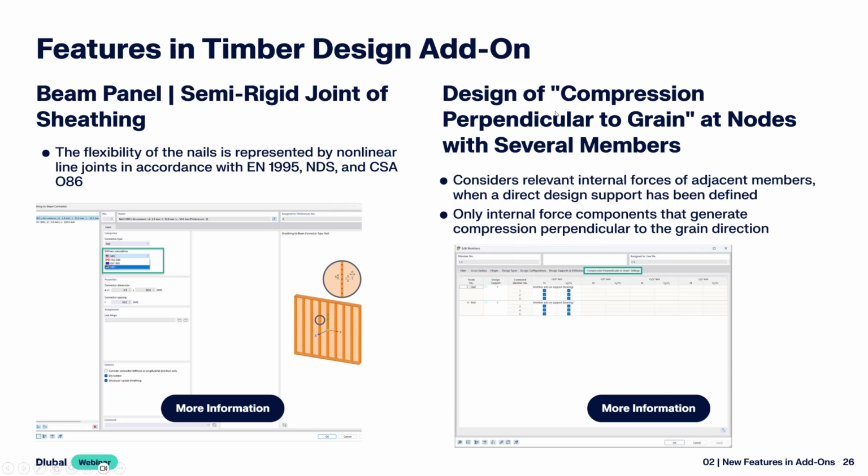Then the design of compression perpendicular to grain at nodes with several members. Imagine you have a node where more than one member is connected. Then you can select the different members that will be considered for this design.